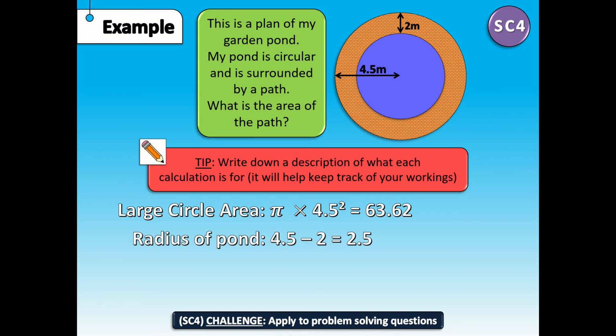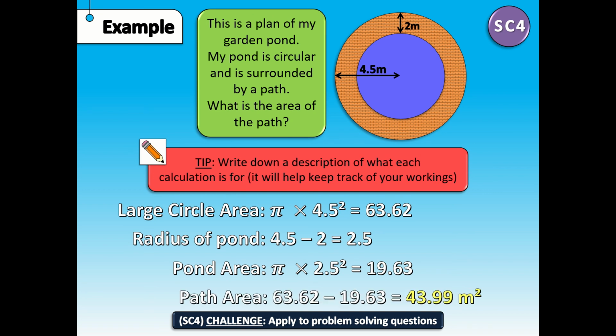So we need to work out its radius, which would be 2.5. So then we work out the area of the blue circle, so in this case it's the pond. And if we take away the area of the pond from the area of the large circle, that will give us the area of the path.